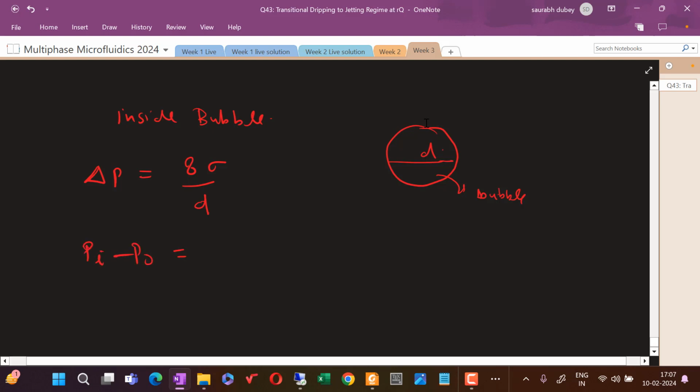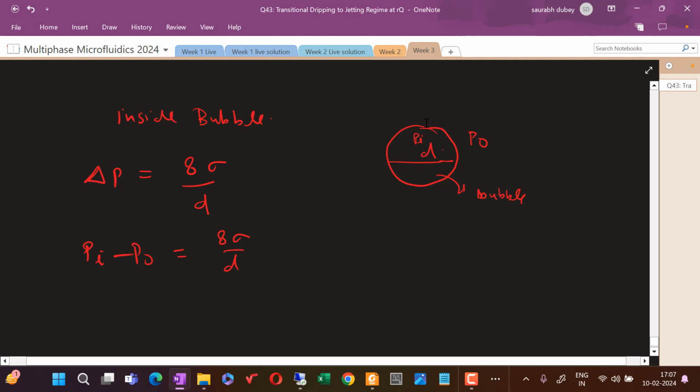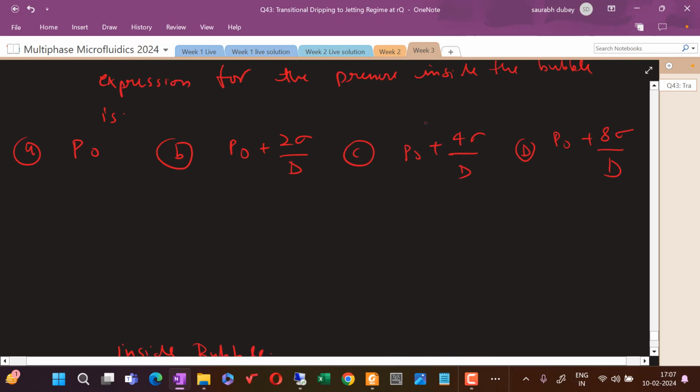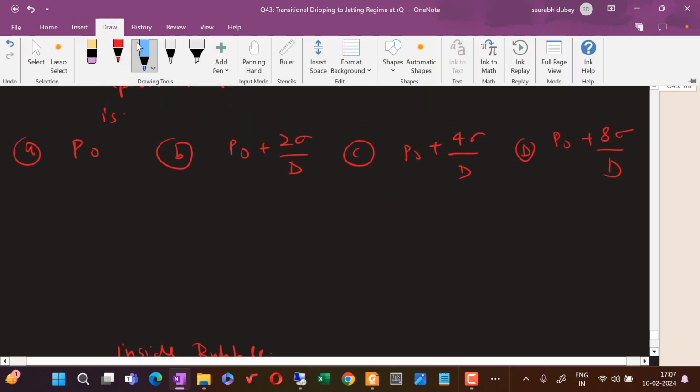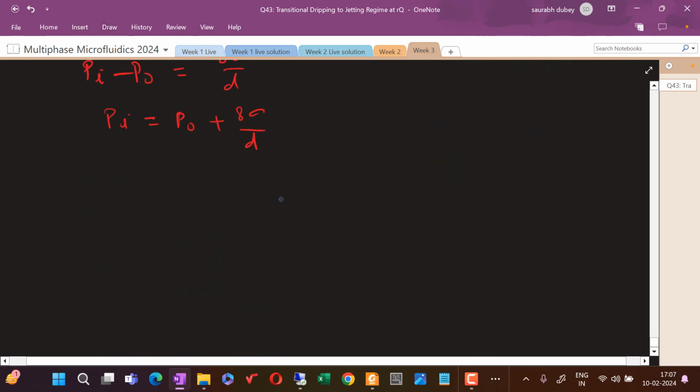This is the expression inside the bubble. From here you will have P inside to be P0 plus 8 sigma by D. So option D is correct. But how does it come up?